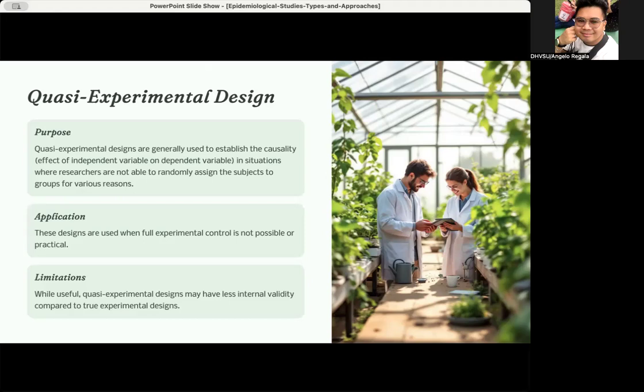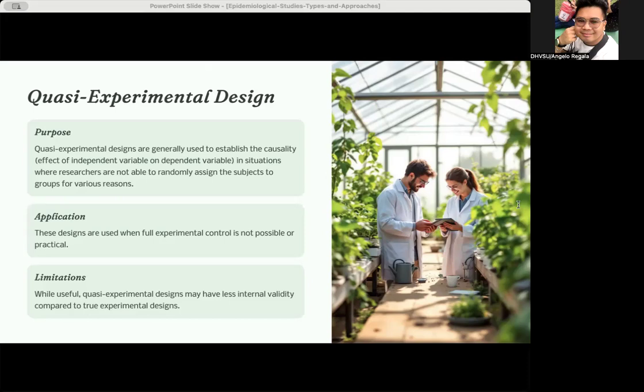Okay, so it's a quasi-experimental study wherein you don't have the element of randomness. It means that you selected your participants, who will be part of your study.